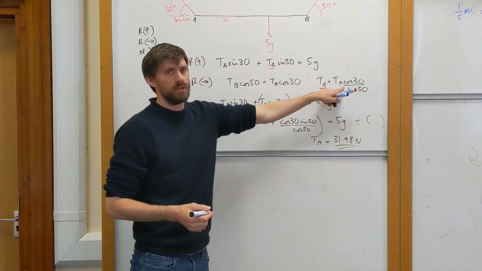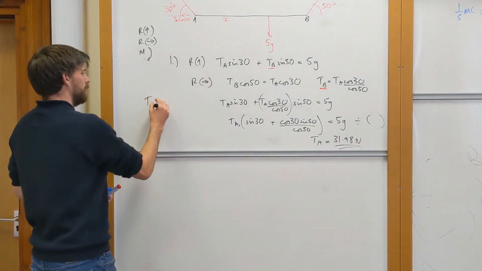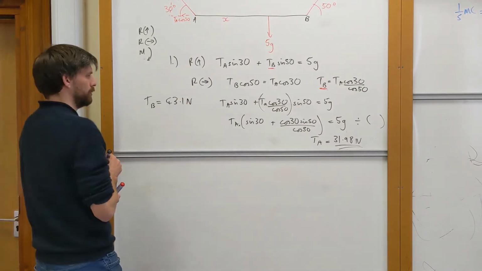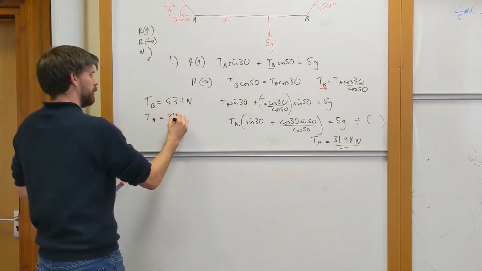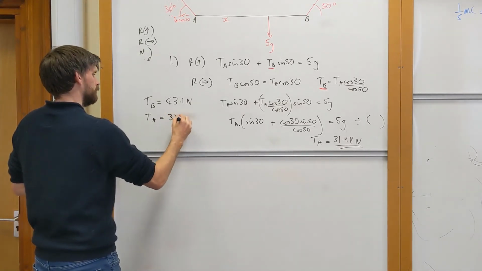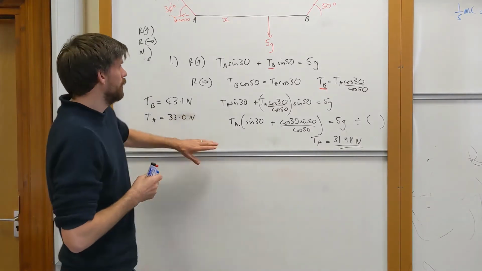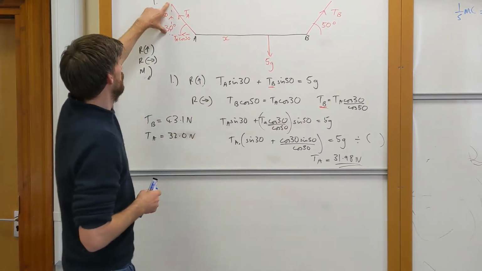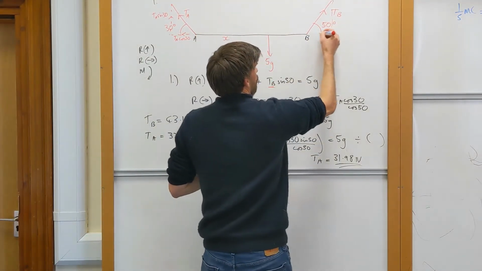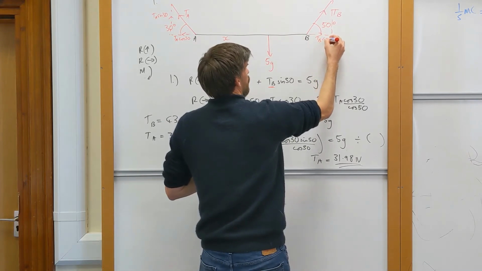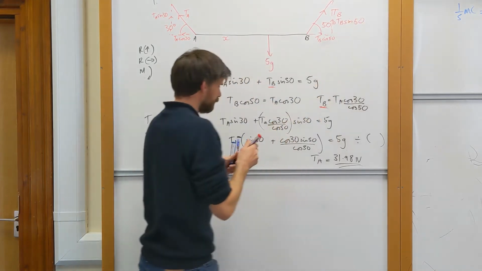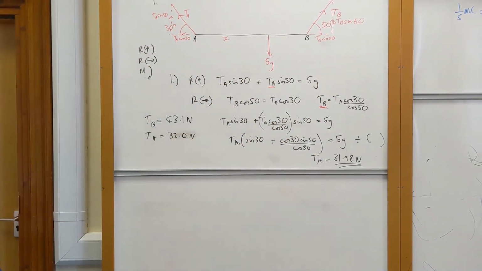Feed that back into that equation, and we'll find that TB is 43.1 newtons. So we've got TA, that's 31.98, or 32.0, and 43.1. So we're resolving forces: vertical force TA sine 30, and up here we'll put TB cos 50, and an upwards force of TB sine 50. That leaves us with the stuff there.